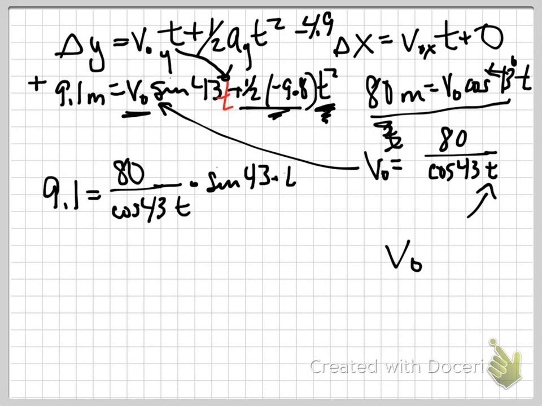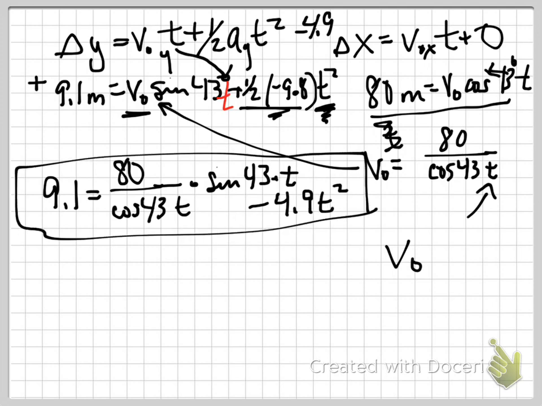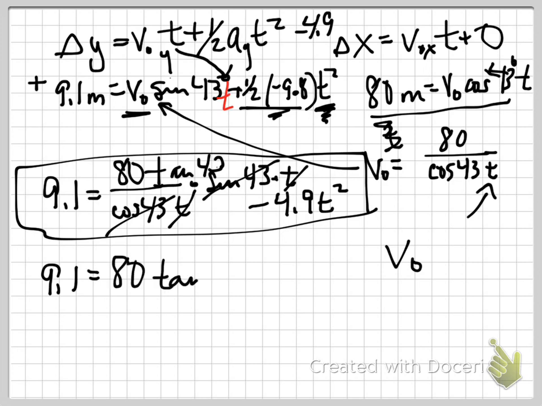Times T. Plus, well, I guess it's not plus anymore, minus 4.9 T squared. So this equation I can solve. T's cancel here. Sine of 43 divided by cos of 43 is tan of 43. So it looks like 9.1 equals 80 tan 43 minus 4.9 T squared.